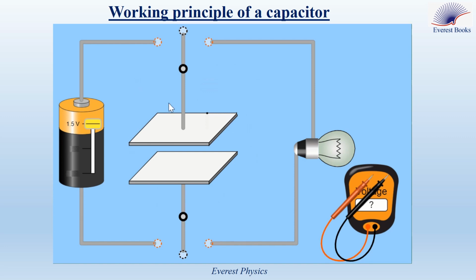Observe what will happen when we connect the upper plate of the capacitor to the positive pole of the battery and the lower plate of the capacitor to the negative pole of the battery using this switch.